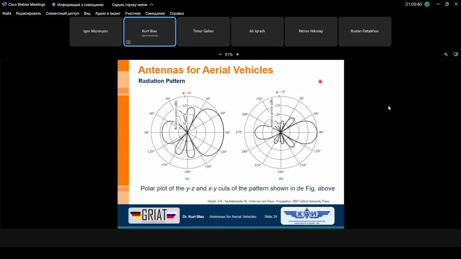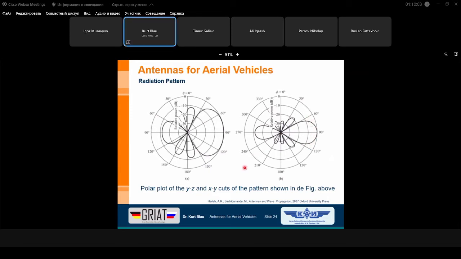The only thing here is that you understand what happens, and this is also written here. We have the YZ cut visible here, and here we have the XY cut. This is the cut with the lower half power beamwidth.